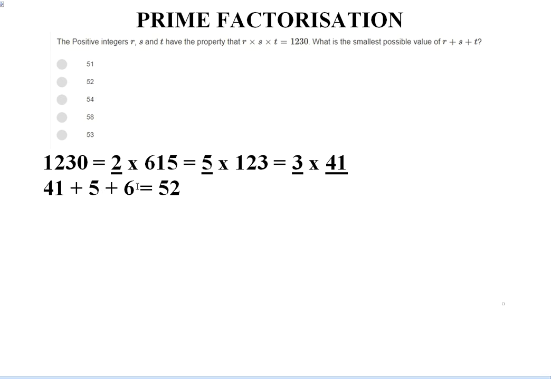Now you could try some other combinations. You've always got to include 41, right? So what if we had tried 41, and let's say we tried to keep the 2 plus 2, then we would have had to multiply the 5 and 3. It's obviously going to be bigger, isn't it? 15, 17, 58. It's in the choices, but it's not as small as 52. 52 is the smallest possibility you can come up with there.